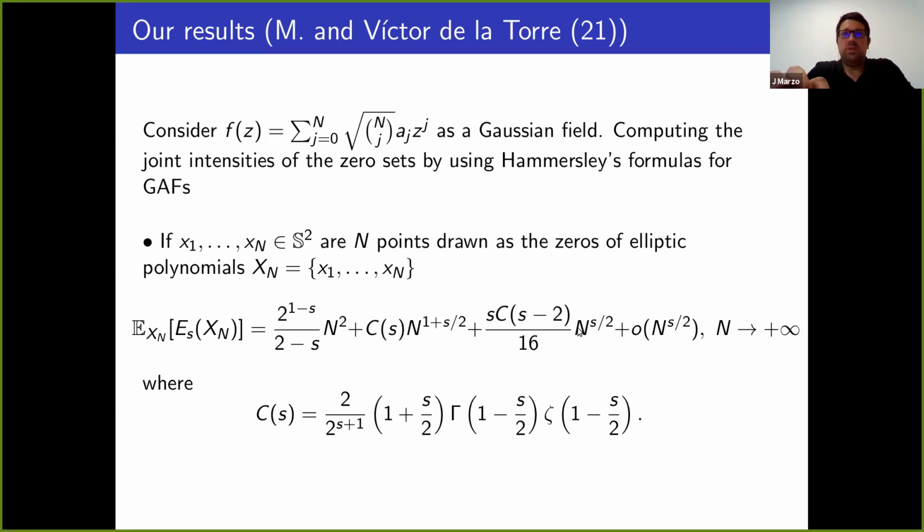You can even compute the next term, with n to the power s halves, which is again in terms of this function, so now it's C times s minus 2. And then you have terms of small o of n to the power s over 2.